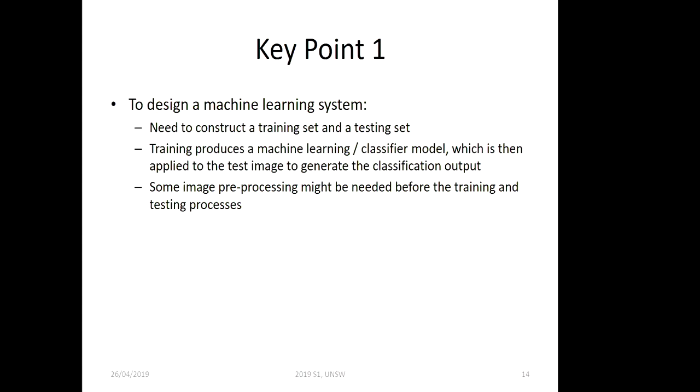The second component is to train the machine learning or classifier model, and then later apply it to the test images. In this process, most of the time you need to do some image pre-processing. That depends on the types of images or application domains you want to work on, but most of the time it's quite simple image pre-processing.